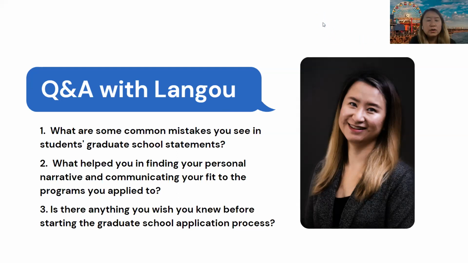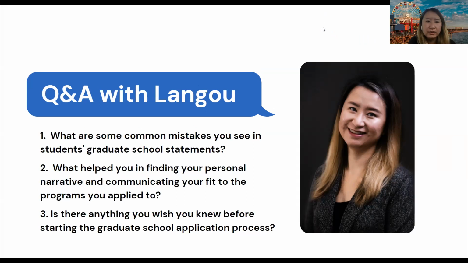The most common mistake I see is that students' writing is too vague. Think about the personal statement and the statement of purpose, which Carissa just went over in detail.